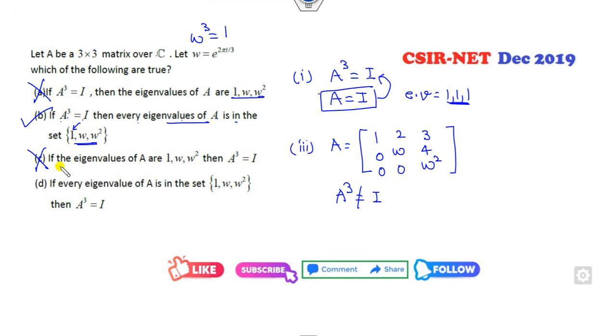Now, if every eigenvalue lies in the set 1, omega, omega square, can you say A cube is I? Again the same example: whatever the eigenvalues lie in this set, A cube is not equal to I, so this option is also cancelled. So I think B is my right answer of this problem.